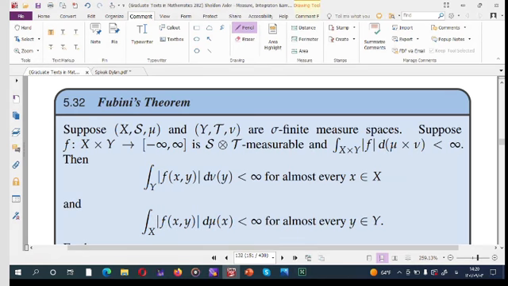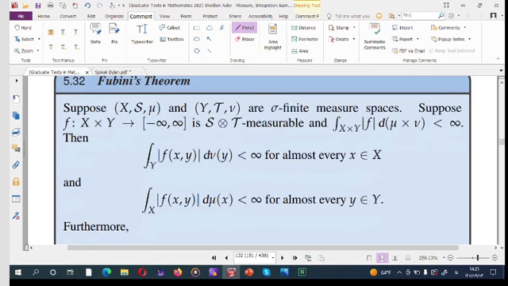And the integral of the absolute value of f with respect to the product measure is finite. These two integrals are finite. This integral is finite for almost every x, and this integral is finite for almost every y. Okay?